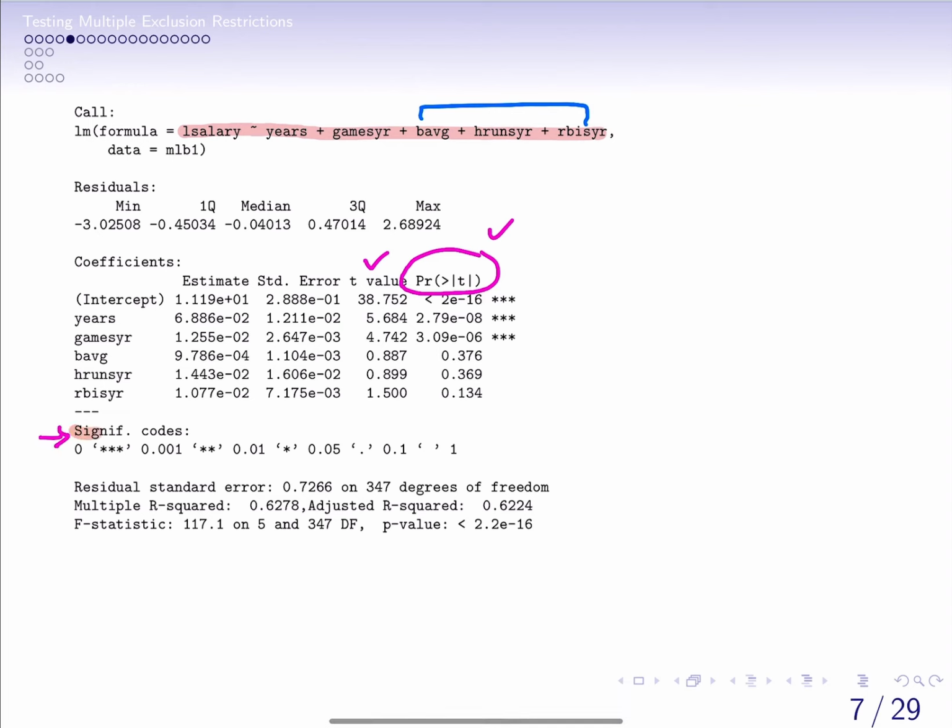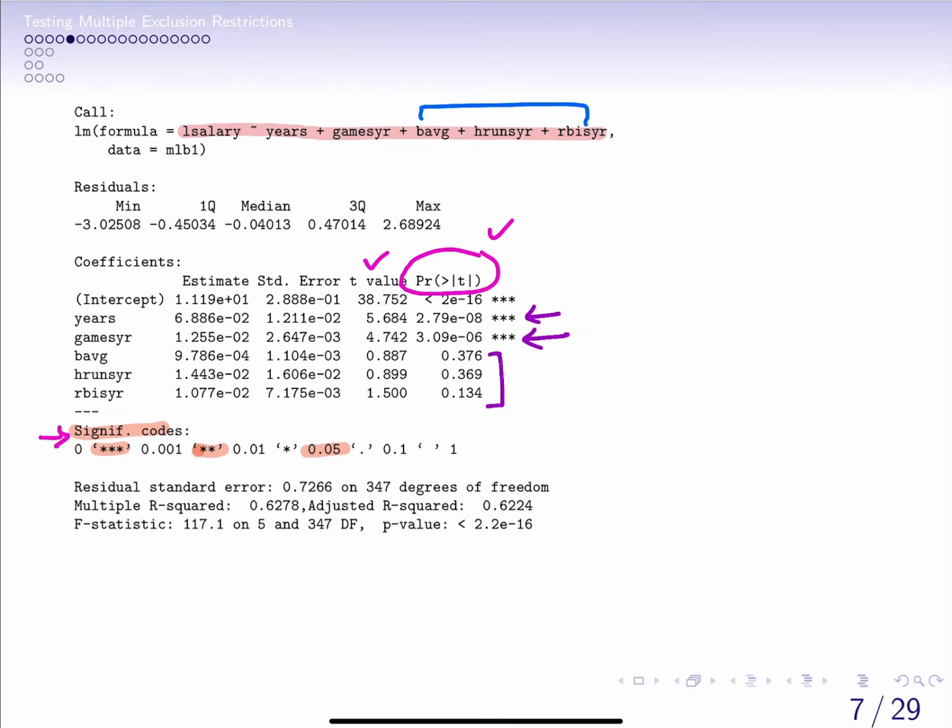You can see there are significance codes that the stars indicate at the different significance levels and which variables are significant for our dependent variable. Here we can see that years, the number of years the player has played in the league, and games per year are significant. But then we see that these three performance metrics are individually insignificant.